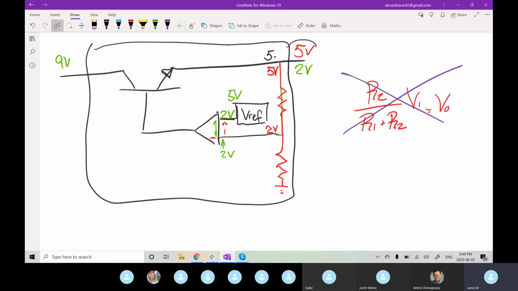Because that's just a manufacturing restriction. It's much easier to produce reference voltage chips that are 0.8 to 2 volts.